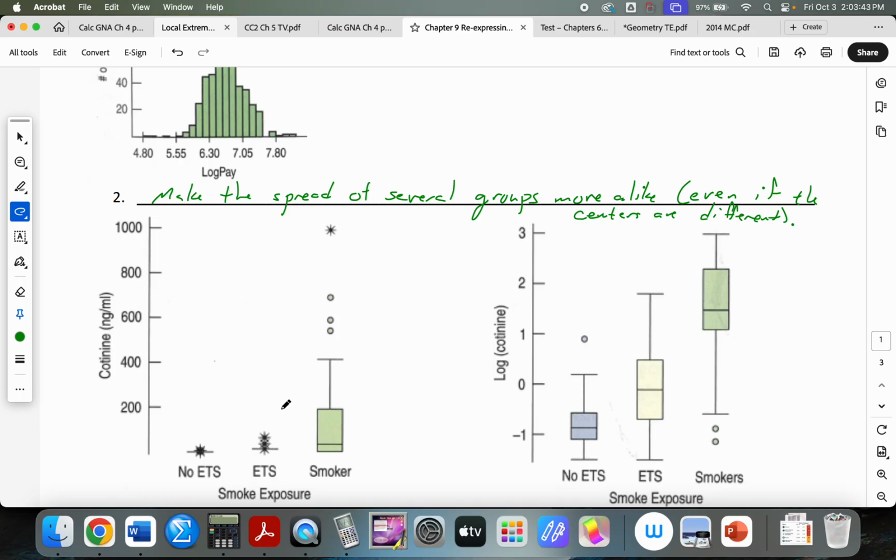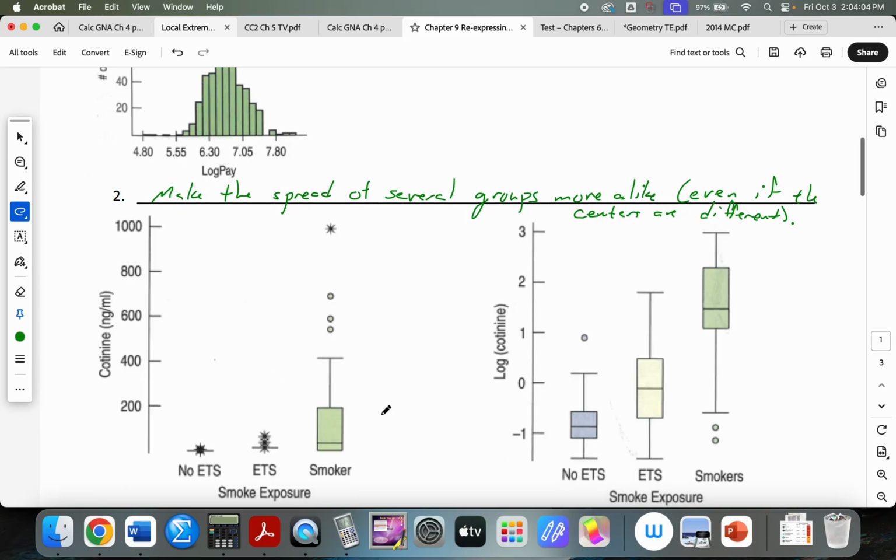Is all the data from the first picture represented in the second picture? Yep. So when we re-express data, my question is, with the log, how does re-expressing it with a log change the amount of outliers?